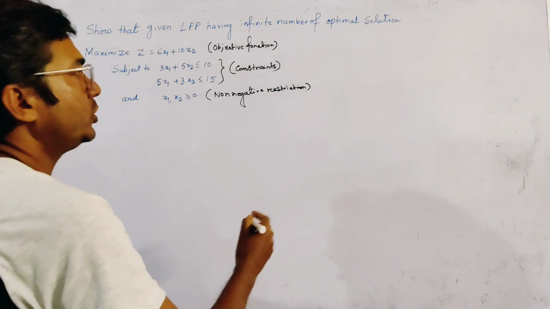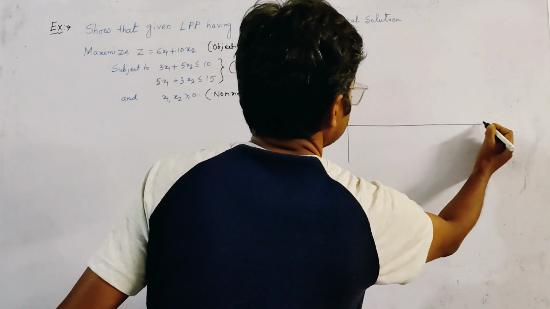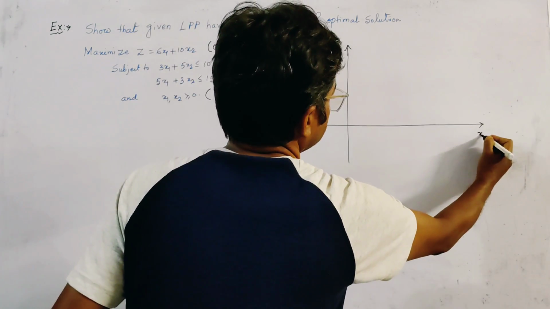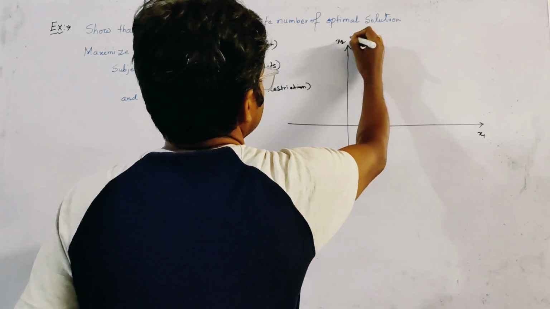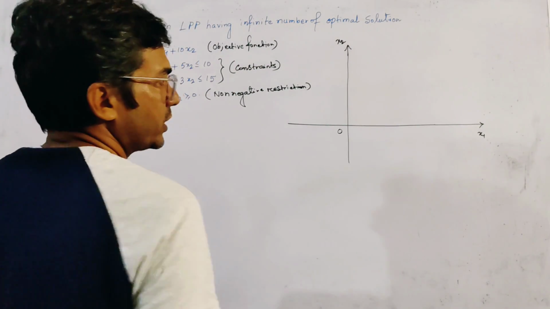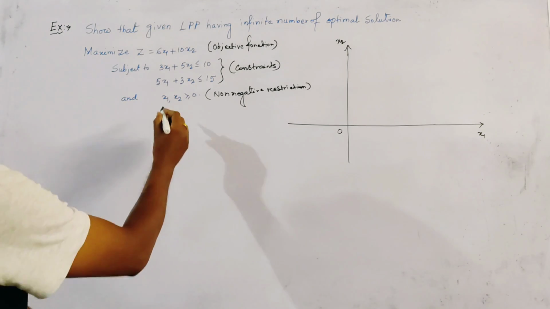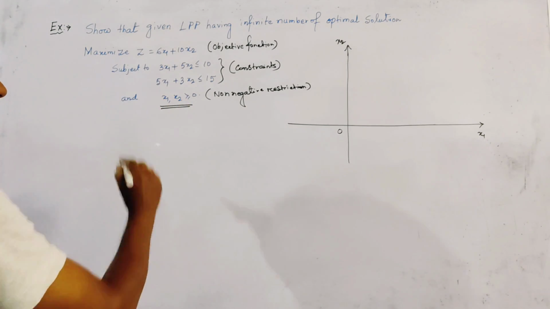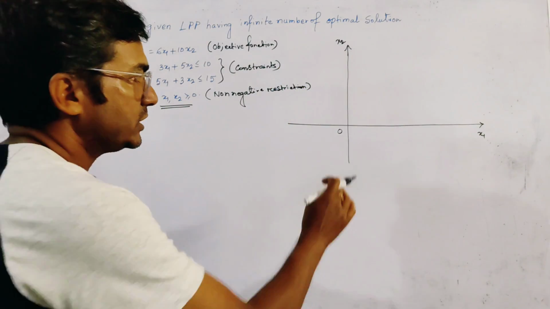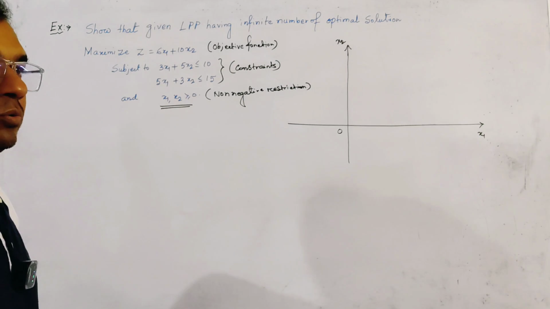Here we draw the x1 axis and x2 axis. We draw the first quadrant, because to satisfy the non-negative restriction our aim is only the first quadrant, because in the first quadrant x1 and x2 are both greater than or equal to 0.